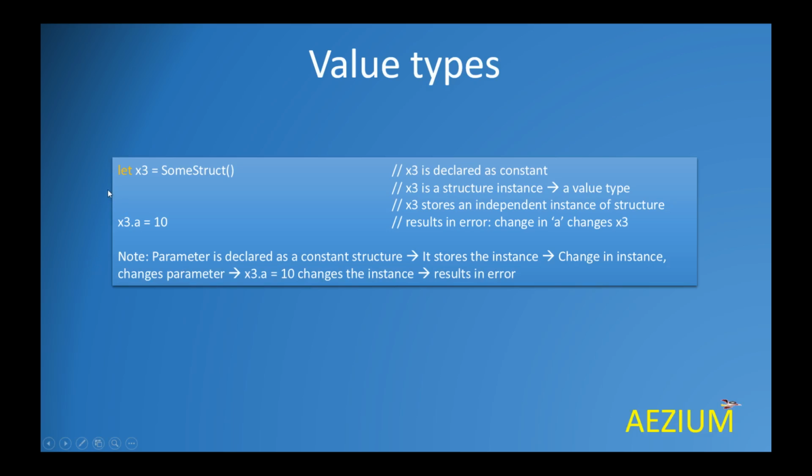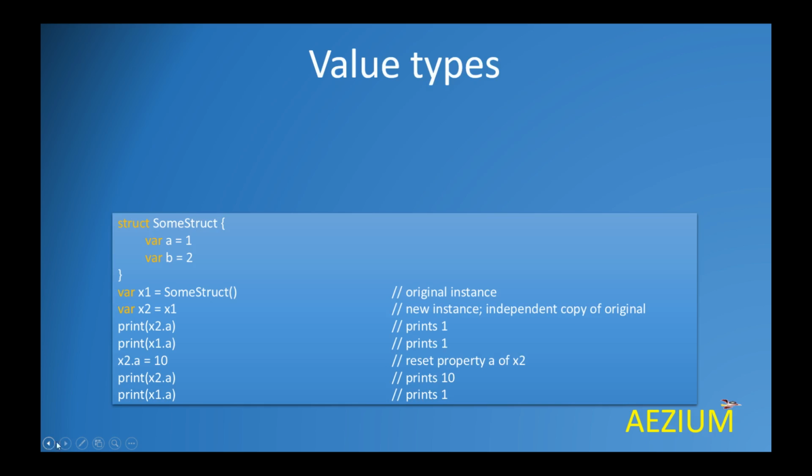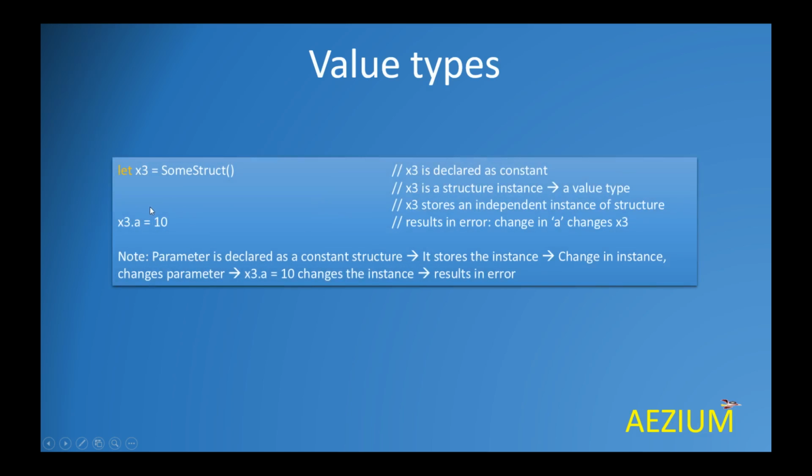One important point to point out here is that in the example that I showed here, the parameters that I declared, x1 and x2, were both declared as variables. But we could declare a parameter as a constant and assign to it an instance of a structure.